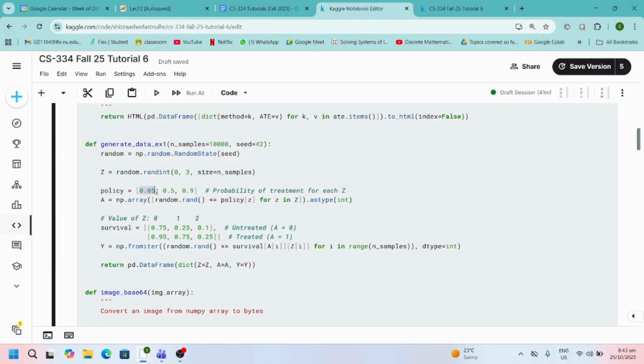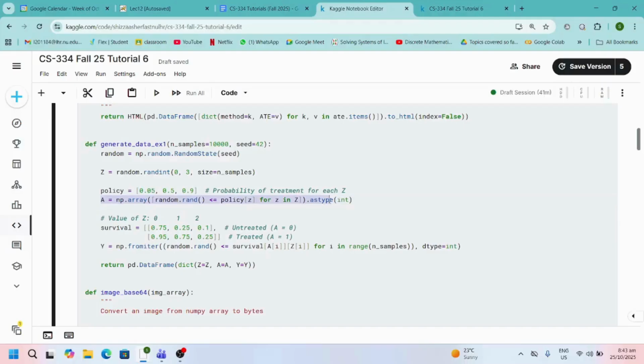5% chance of receiving the treatment if Z is 0, so 5% chance of receiving the treatment if your symptoms are mild. 50% chance of receiving the treatment if your symptoms are severe. 90% chance of receiving the treatment if your symptoms are critical.